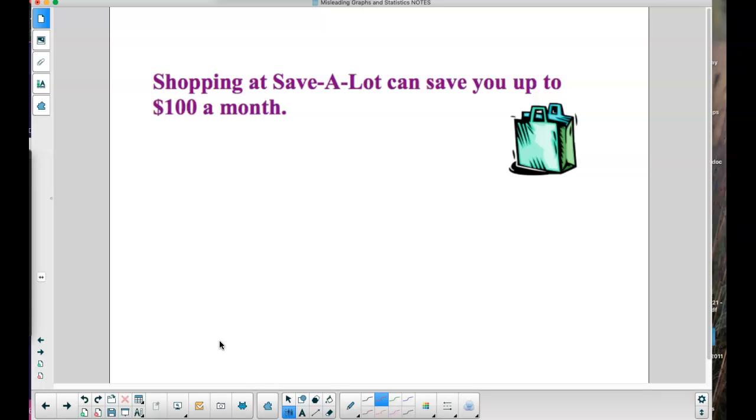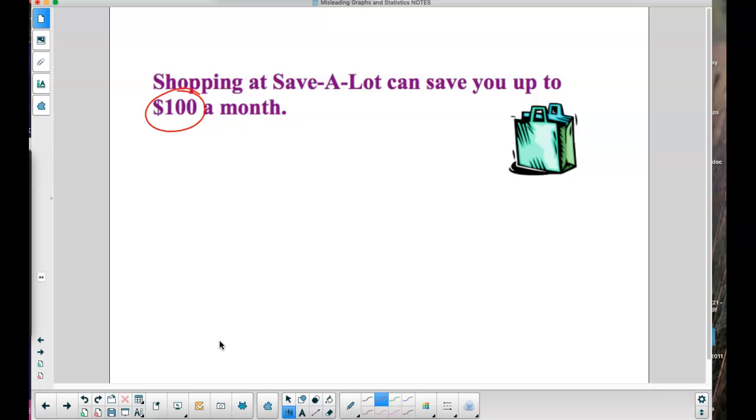Am I going to save that much money? No. Am I going to save $100 here? Maybe. How do you save that much? You gotta buy a lot. You have to buy everything that they put on sale and probably the limit of the quantity.